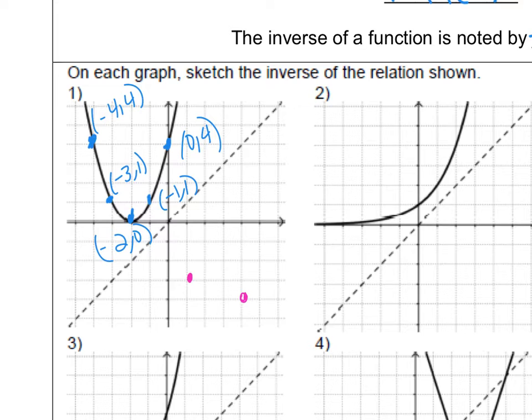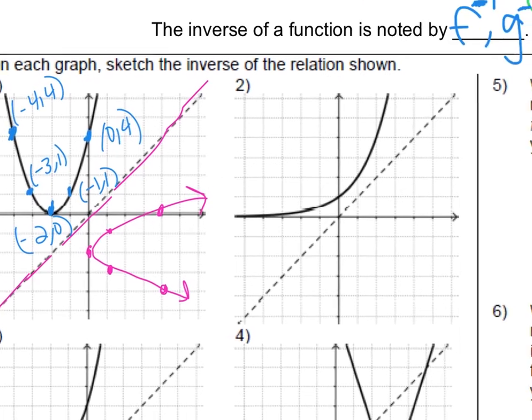And then 0, negative 2. 1, negative 1. And 4, 0. So you can see we get the inverse. It has the exact same shape and size, but it's just been rotated over. It's reflecting across this line, y equals x.